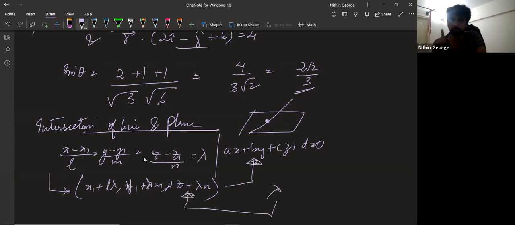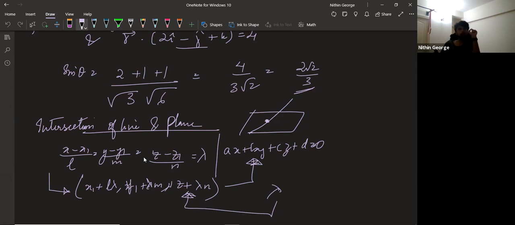Understood the process? You have a plane here. The plane equation is that you take the general point on the line and that point should satisfy the equation of the plane. That's the fact. So you put it there, you will obtain a particular value for lambda. That particular value of lambda indicates which point on that line it lies.